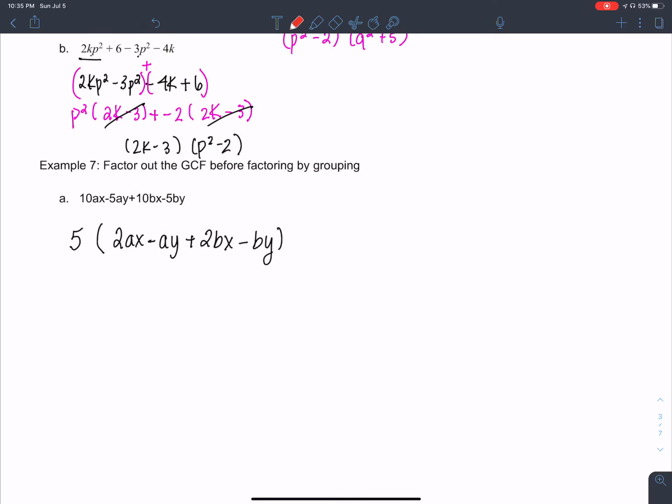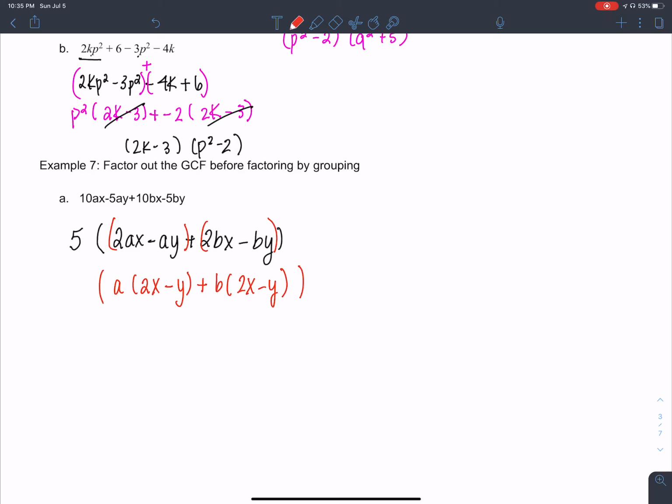Now I still have 4 terms, so Spock, GCF, a, 2x minus y, plus b, 2x minus y.